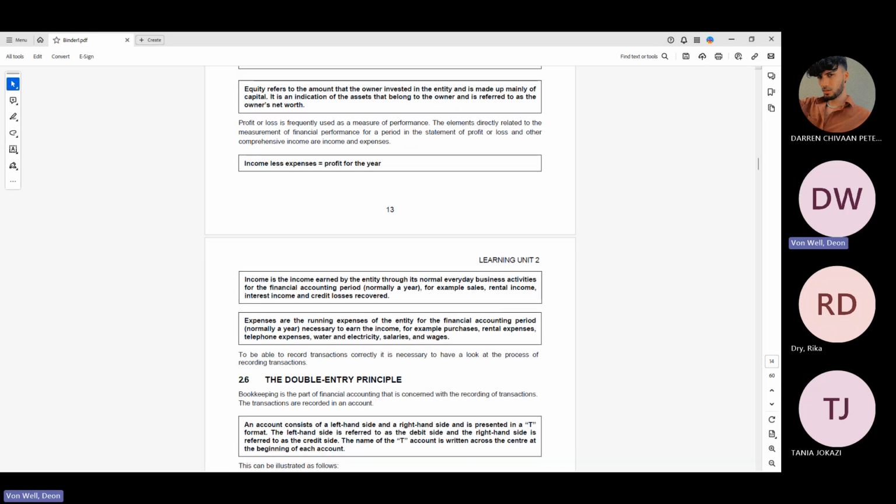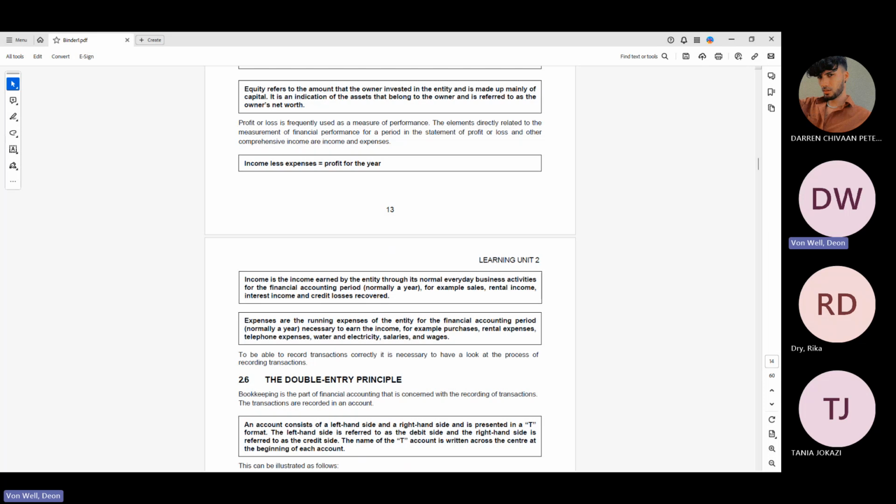If we look at the definition here for expenses, we will note it says expenses are the running expenses of the entity for the financial accounting period, normally a year, necessary to earn the income. For example, purchases, rental expenses, telephone expenses, water and electricity, salaries, and wages.